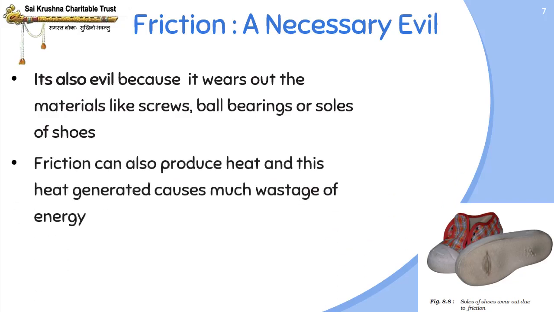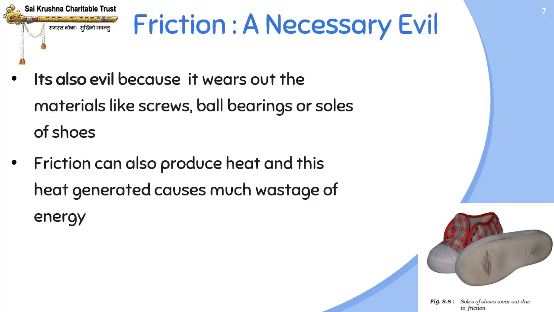And this happens because friction produces heat, and this heat generated causes much wastage of energy. So if you rub your hands vigorously, you will see that your hands become hot. This happens because when you rub your hands, because of the friction, heat gets generated.